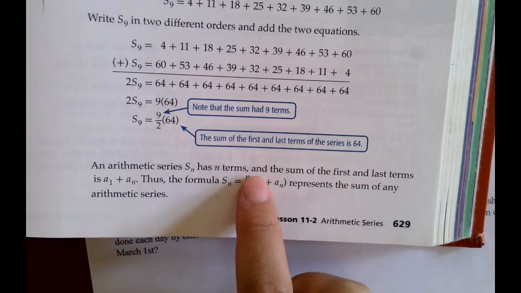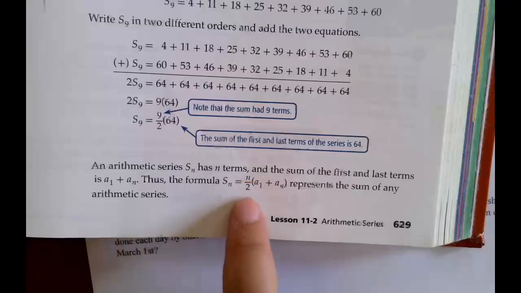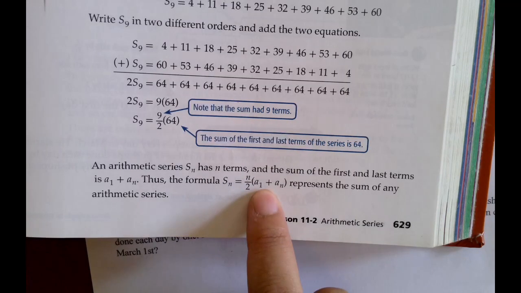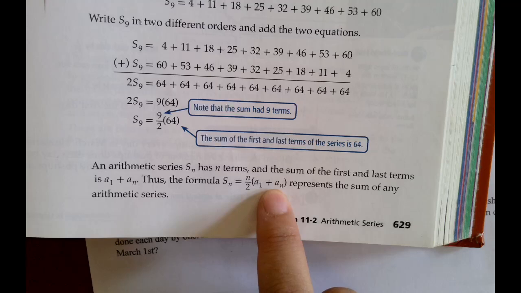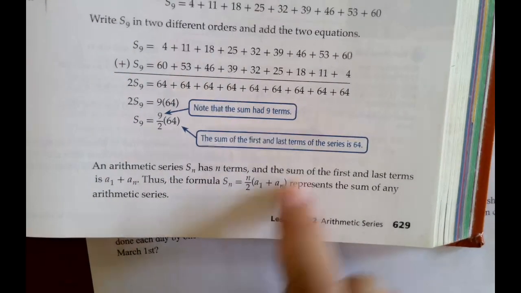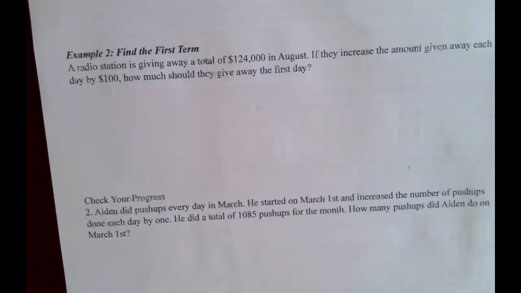The n stands for how many terms there are. In this case, there were 9 terms, divided by 2, times the first one, which was 4, plus the last one, the 60. That formula is here.